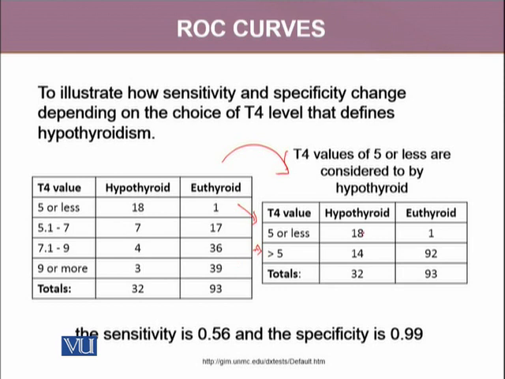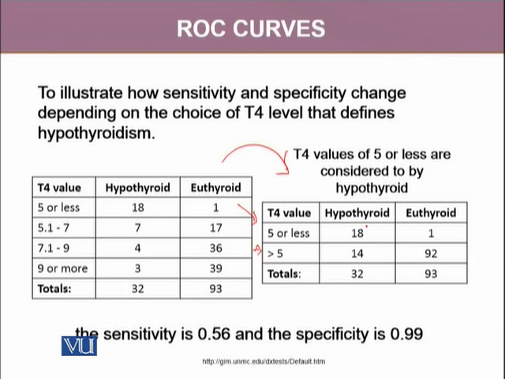It shows that there are 18 individuals diagnosed as hypothyroid whose T4 values are 5 or less, whereas there are 14 individuals diagnosed as hypothyroid with values even more than 5.